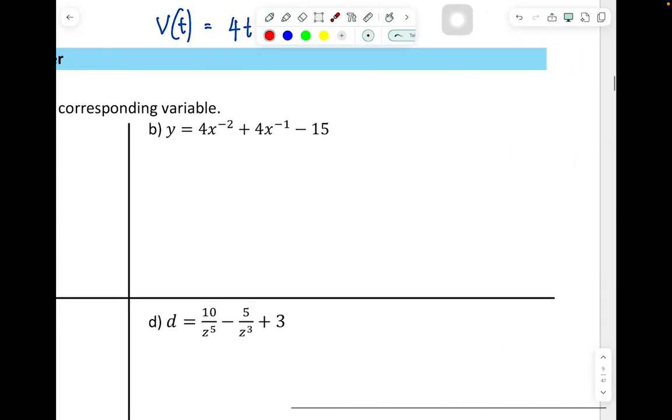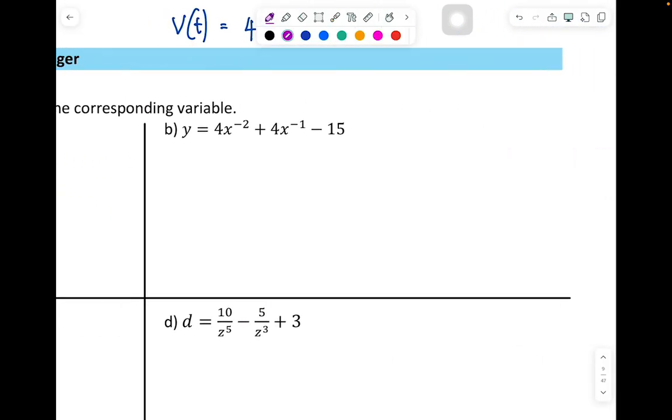For question B, we already have all of our powers here as expressions with negative powers. This one here is just a constant, so we can jump straight into differentiating as well. Take the power, multiply it at the front, subtract the power by 1.